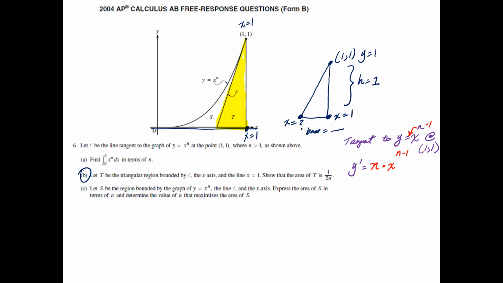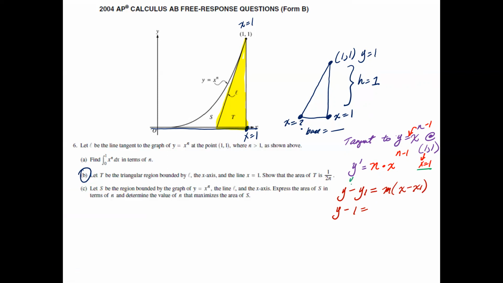And I also know that x is equal to 1. So if I were to find the equation of this line, it's y minus y sub 1 equals m times x minus x sub 1. And so it's y minus 1 equals m times x minus 1, but I don't know what m is yet because I haven't plugged it in. So let's go ahead and do that.